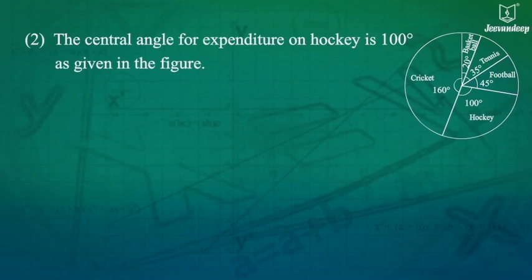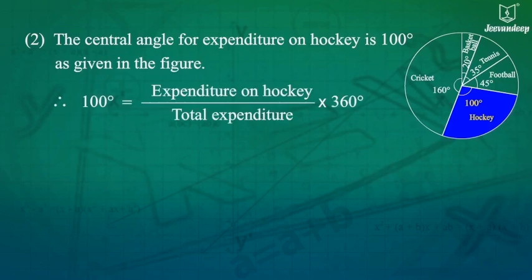2. The central angle for expenditure on hockey is 100 degrees as given in the figure. Therefore, 100 degrees equals expenditure on hockey upon total expenditure multiplied by 360 degrees.